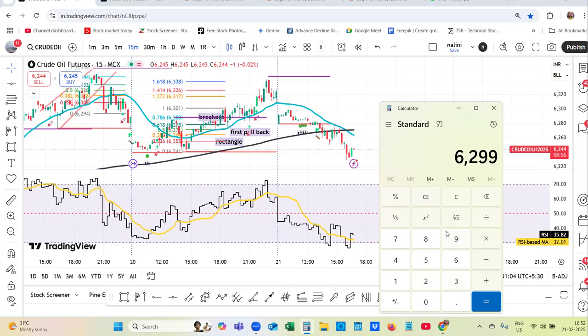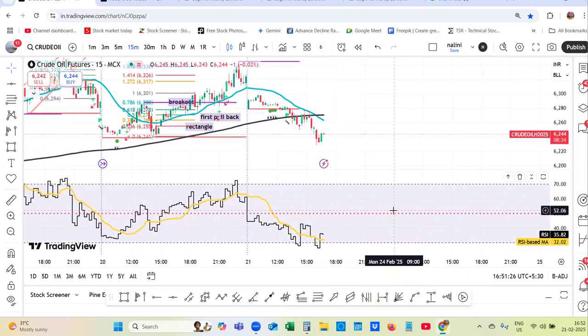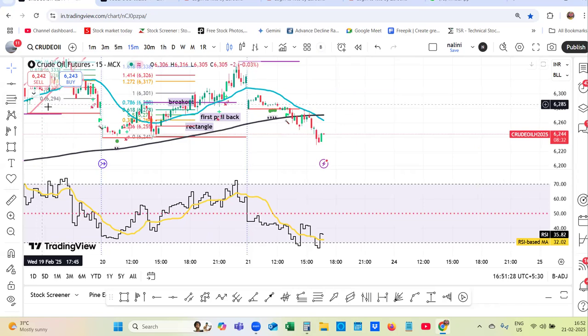6299 square root. I'm getting this value. I'm minusing with 0.618. I'm showing you with one example. You can do with 0.38 and 0.5 everything. So I'm getting the value 78.748. If I square it off, I'm getting the value of 6201.